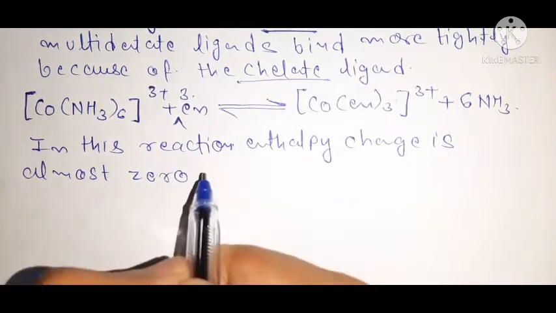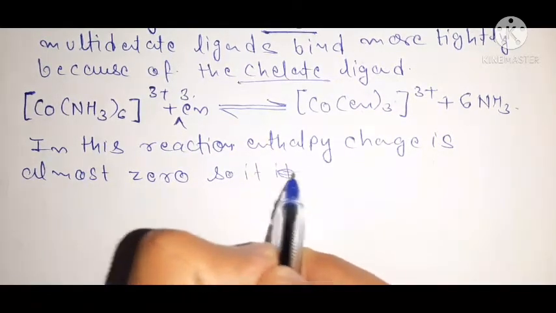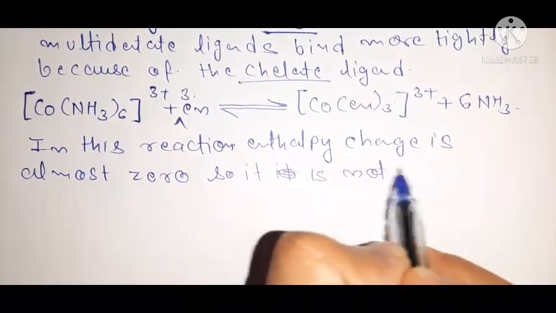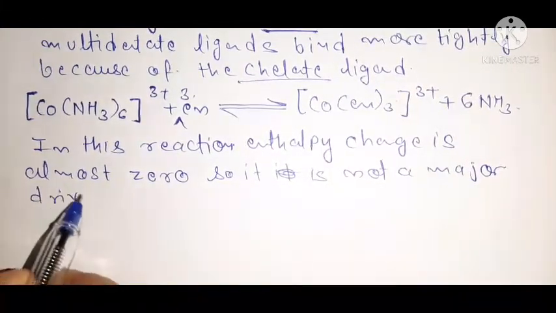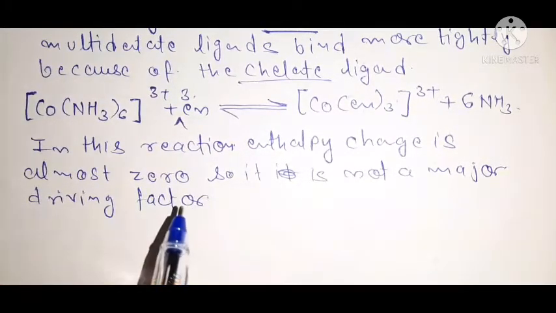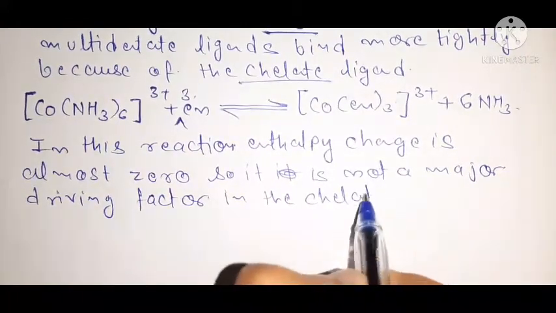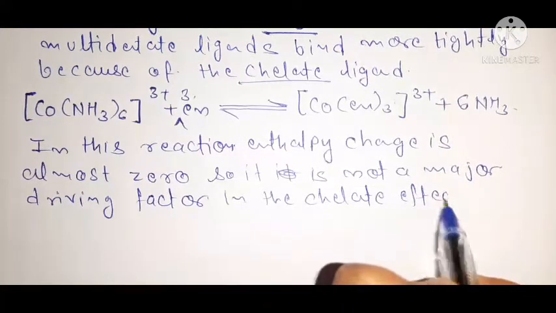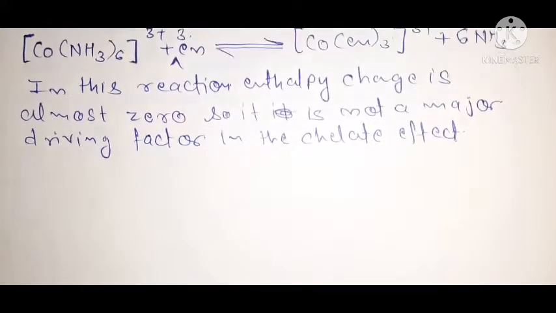So it is not a major driving factor in the chelate effect. So that means chelate effect is not predominantly due to enthalpy change. So option number 1 is cancelled out. Understood?